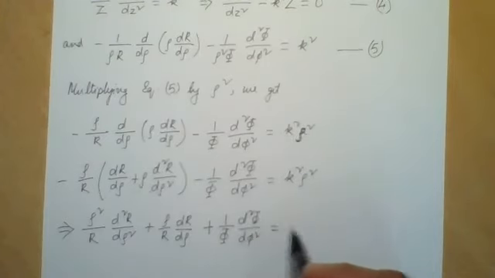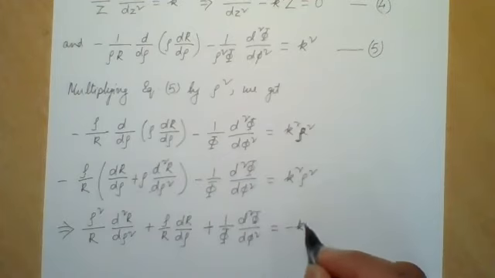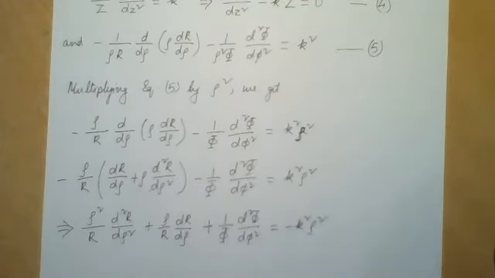This is equal to, I have multiplied throughout by minus 1, so this is minus k square rho square.